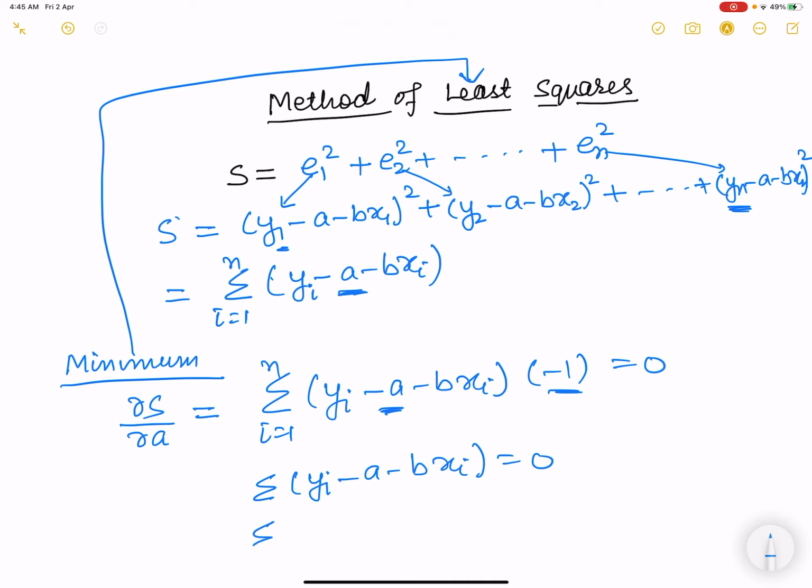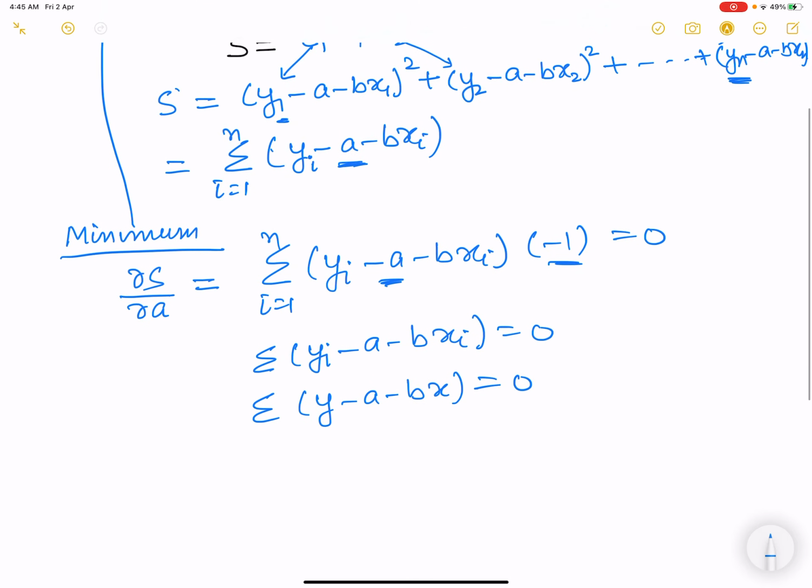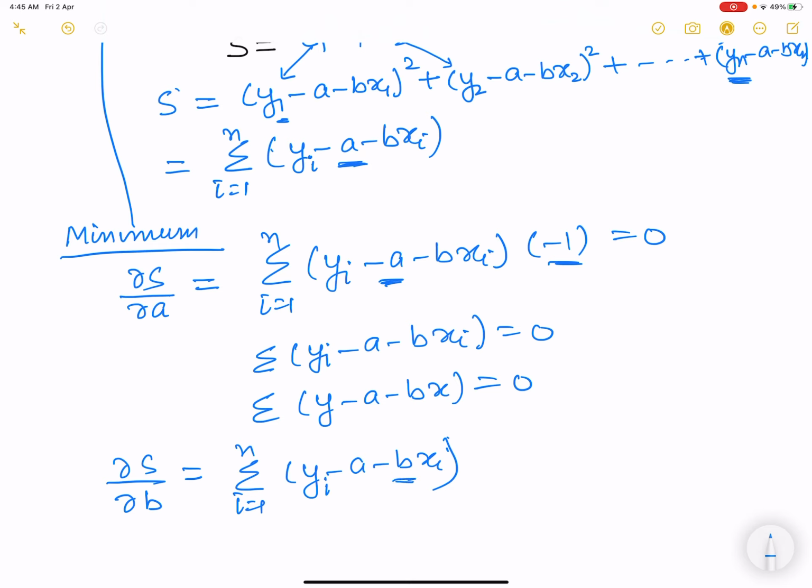or we can write this as, okay. Now similarly we'll find del S over del b, and we'll get, this time differentiation is with respect to b, so it is minus xi is equal to 0.